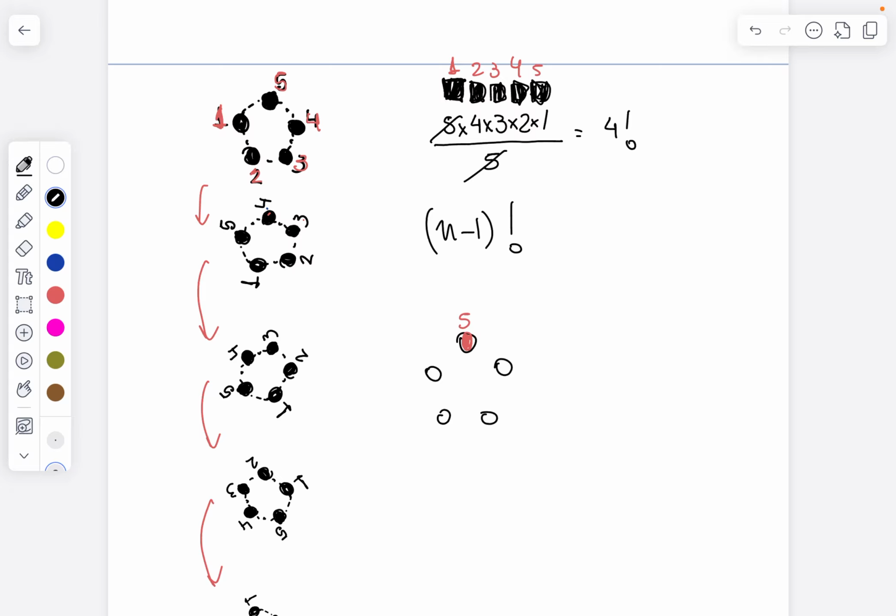So when I choose a person to sit here, not 5, sorry, let me take person 1, because I started here at 1, I was looking at the circle.